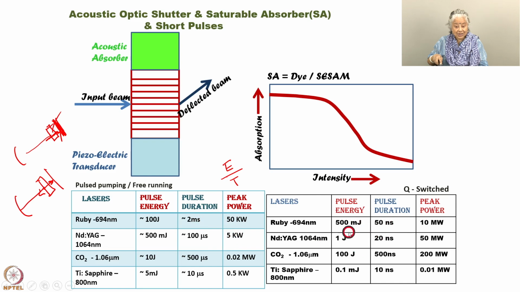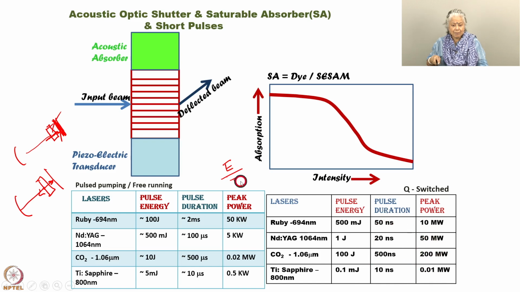Though the energy extracted is 500 millijoules, which is much less than here, your peak power has become 10 megawatts. In case of carbon dioxide, I get 100 joules, 500 nanoseconds. Here again the pulse duration has reduced, and you get 200 megawatts. So a shorter pulse duration adds a lot to the peak power.